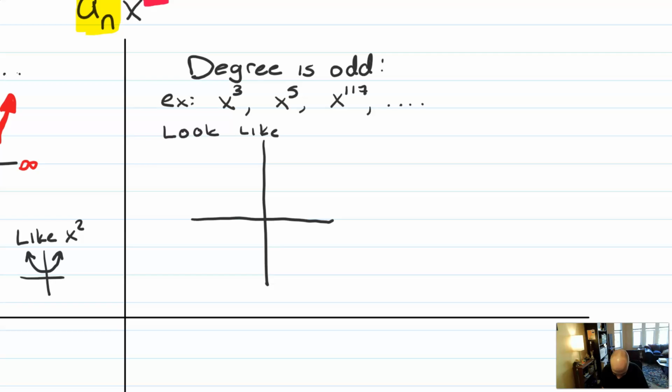You, again, might have some stuff going on in the middle, right? You could have waves and swoopies, but on the left end, eventually, with a very large negative x, the graph will shoot down to negative infinity.